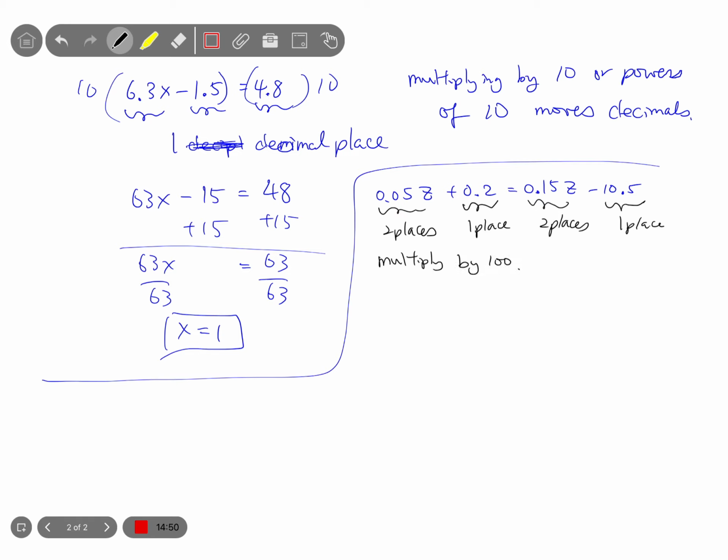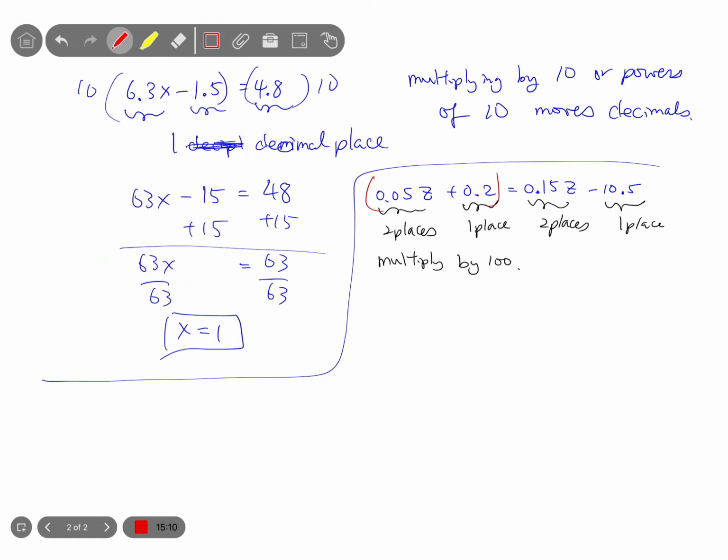Basically, every place you have to move, you multiply by 10. So to move 2 places, I multiply by 10 twice. That's why 10 times 10 is 100. So we're going to multiply everything by 100.